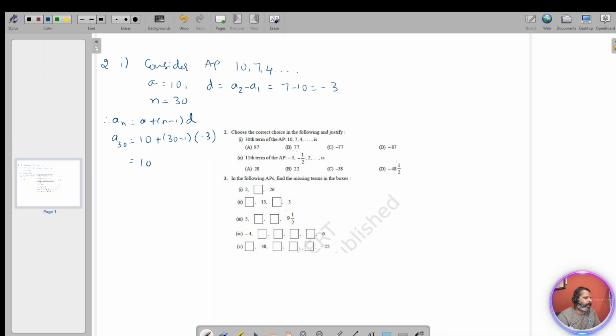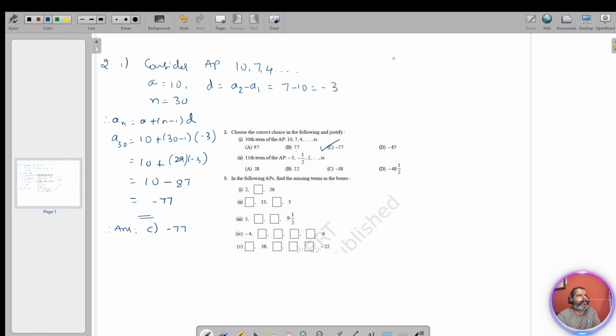So this comes to 10 plus 29 into minus 3, properly you multiply. 9 threes are 27, 2 carry, 3 twos are 6 plus 2 is 8. So 10 minus 87 comes to minus 77. What is the answer here? Minus 77, option C. Therefore you have to write the answer is C, minus 77. Clear? Hope you understood this.